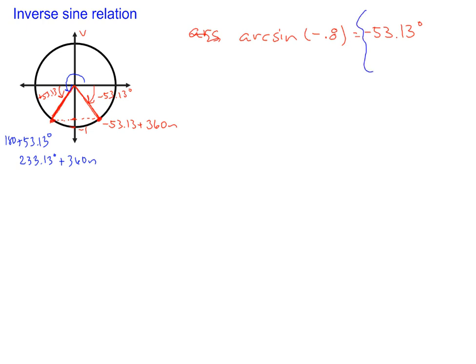I didn't actually finish this, I'm glad I'm going back and editing it. So arc sine of negative 0.8 is negative 53.13 degrees plus 360n, and 233.13 degrees plus 360n.